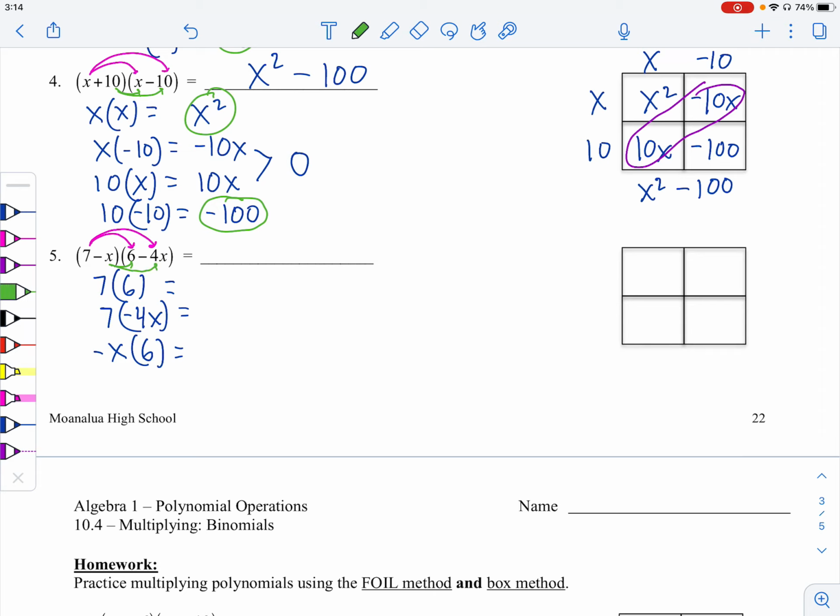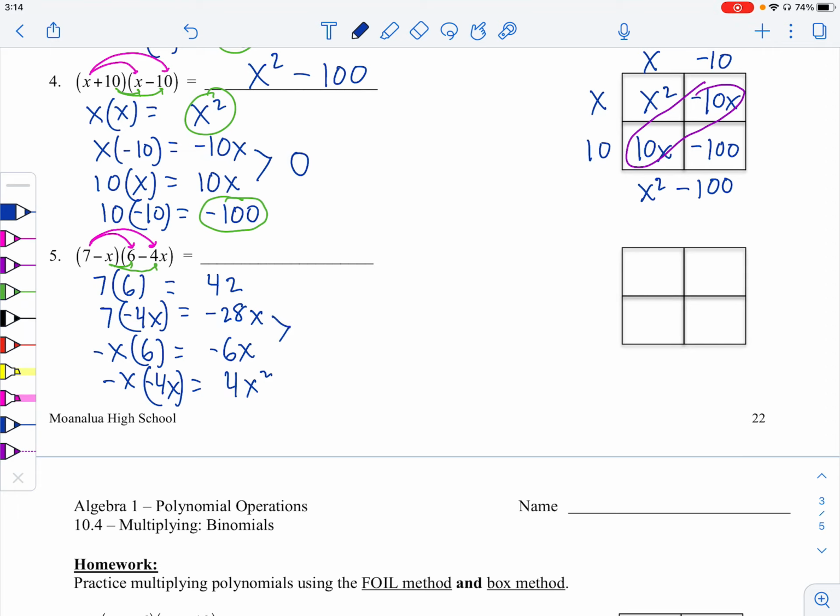And then last, negative x and negative 4x. And then we multiply that out. So 7 times 6, 42. 7 times negative 4, negative 28 with 1x. Negative x times 6 is just negative 6 with 1x. And the last one, negative x times negative 4, right? So we get positive 4 with 2 x's this time, so it's x squared.